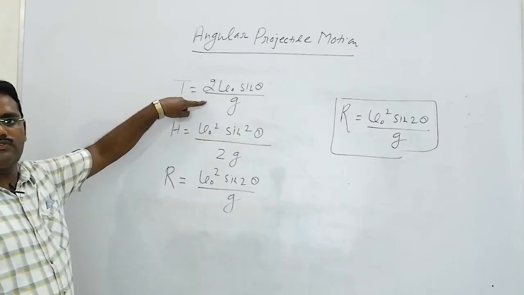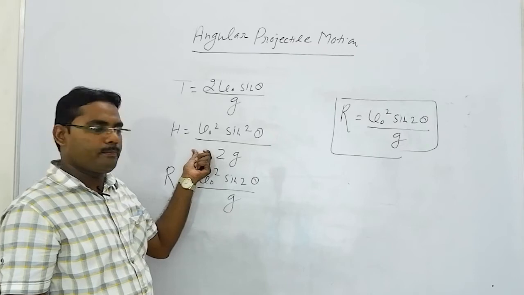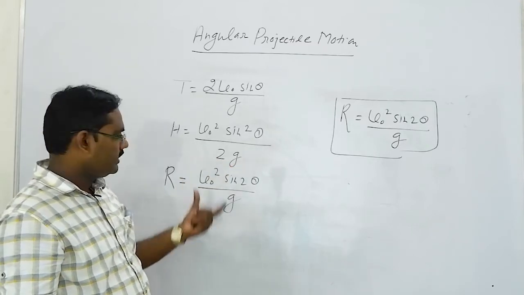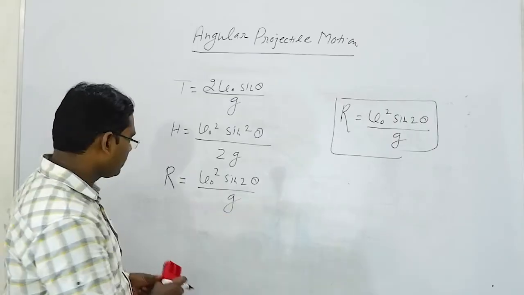This one is the expression for flight time, this one is the expression for maximum height attained by the projectile, and this one is the range of projectile.